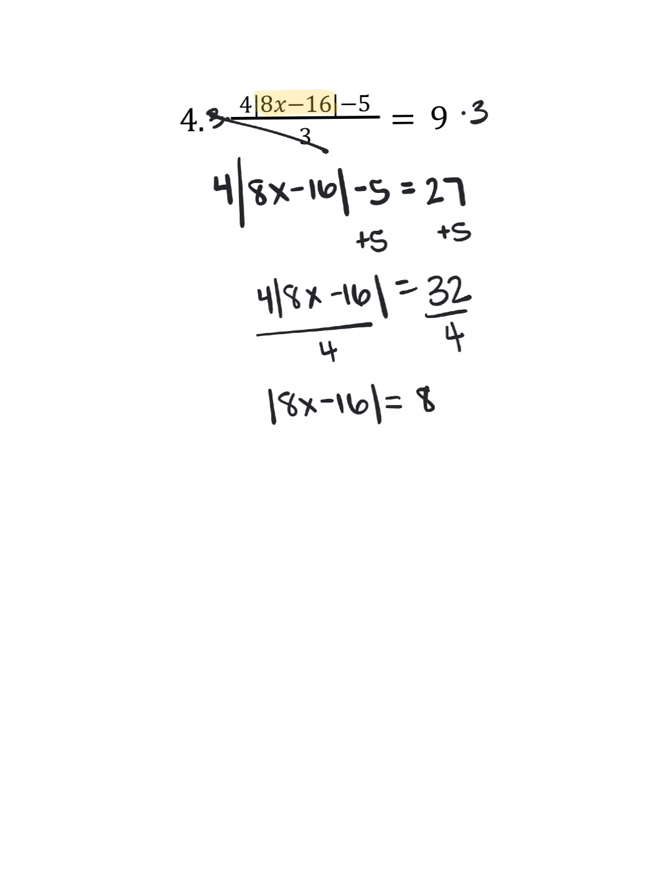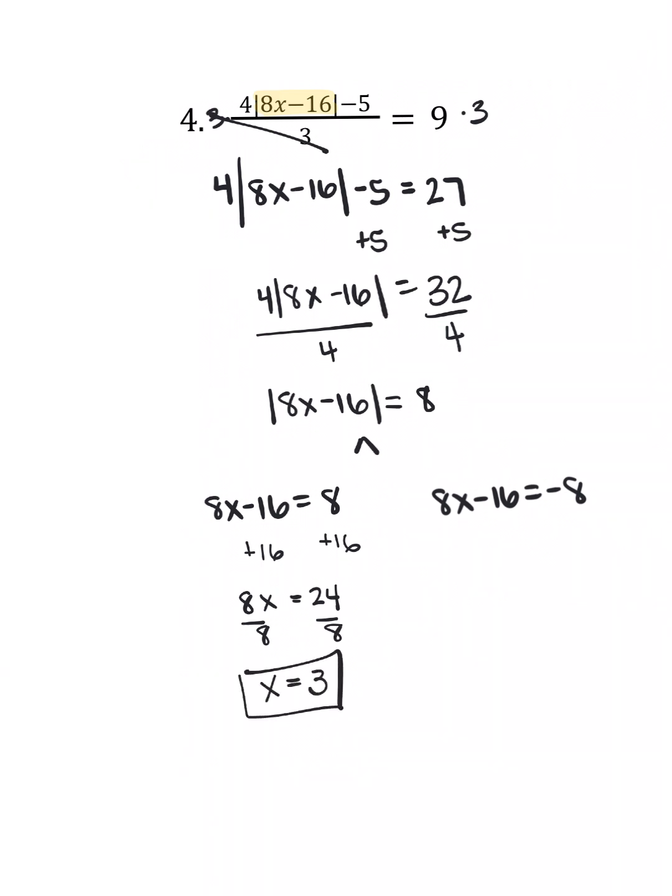At this point, since the absolute value is now alone, we can split up into two equations, one equal to the positive of that number and one equal to the negative of that number. And we can solve both sides. So I'm going to add 16. I'm going to have 8x equals 24. And then divide by 8.